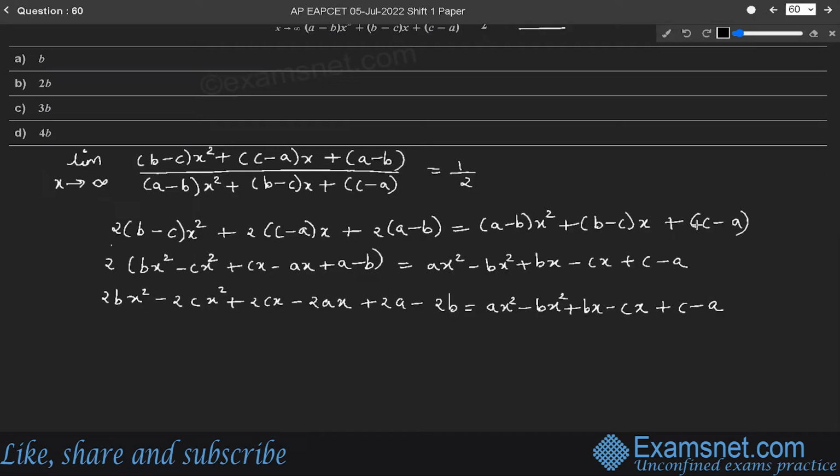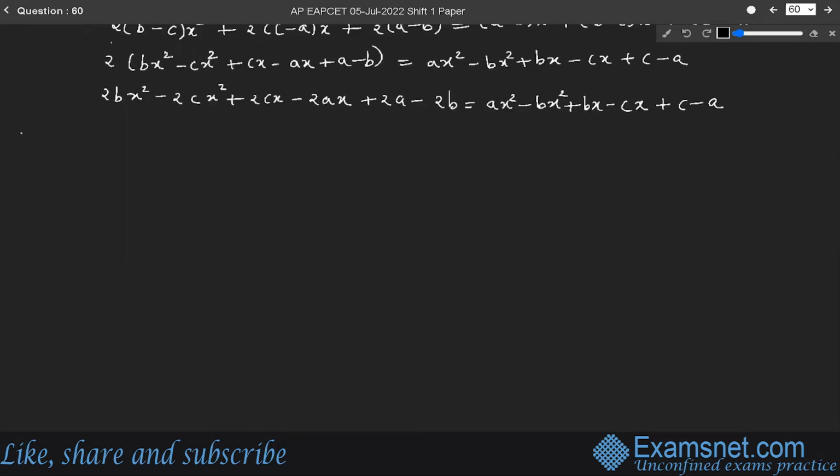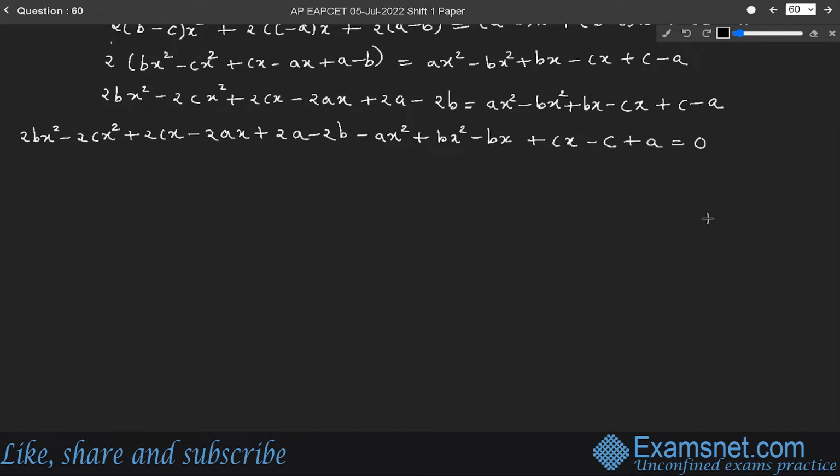Now taking all the terms on the left hand side, it becomes 2bx square minus 2cx square plus 2cx minus 2ax plus 2a minus 2b minus ax square plus bx square minus bx plus cx minus c plus a is equal to 0. Now, you can see that on solving this particular equation, here there is 2bx square and here there is bx square.